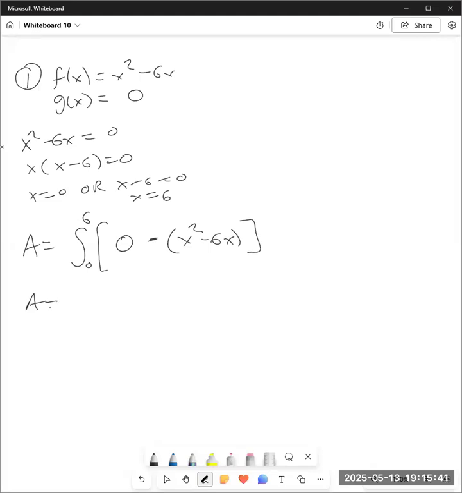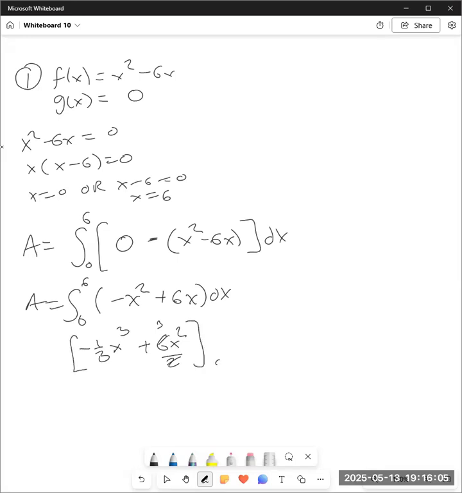What's going to be our area is the integral from 0 to 6 of negative x squared plus 6x, with respect to x. So that's going to be negative 1/3 x cubed plus 6x squared over 2. 2 goes into 6 3 times. This is evaluated from 0 to 6.